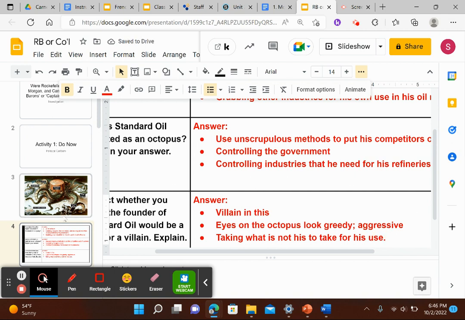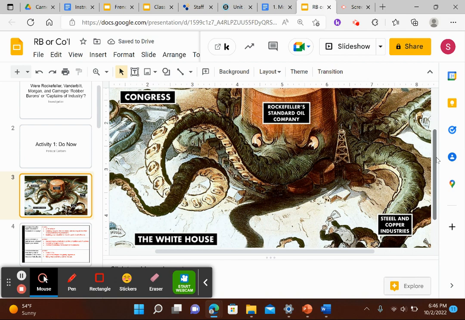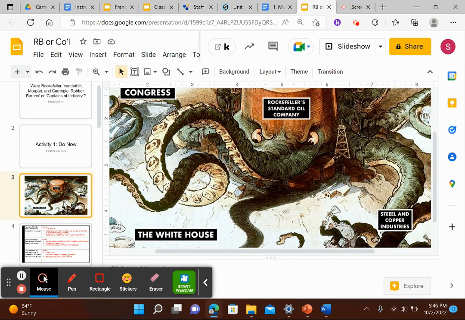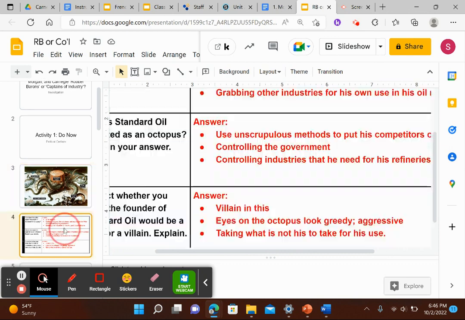So that was our first analysis of a political cartoon in this class. We'll be looking at many more. This era of industrialization, immigration, the Progressive Era is very rich with political cartoons.